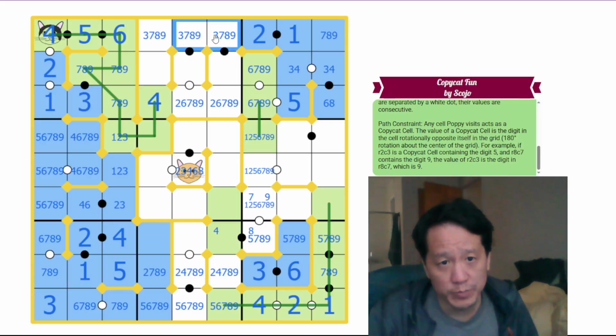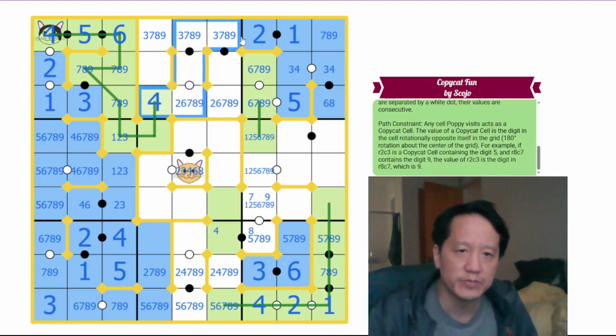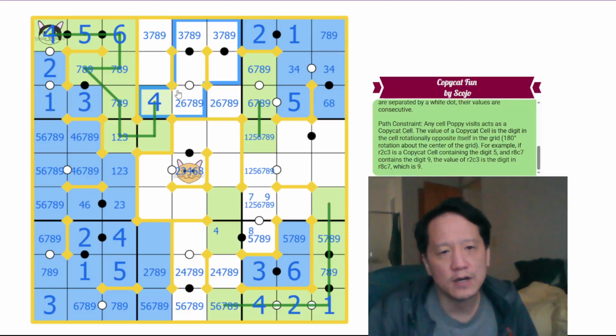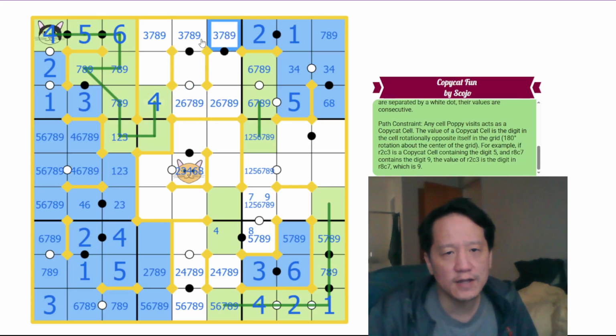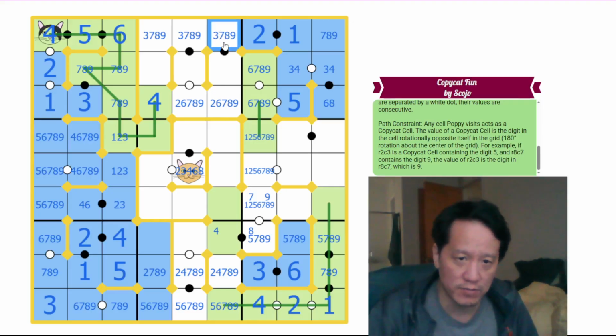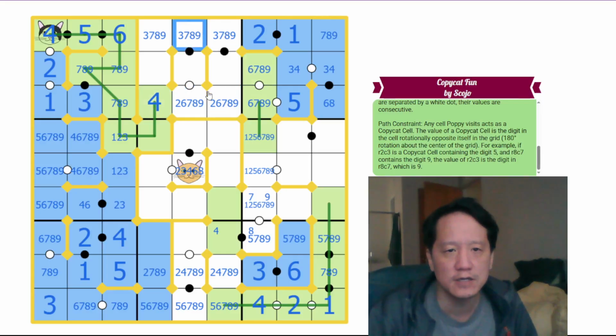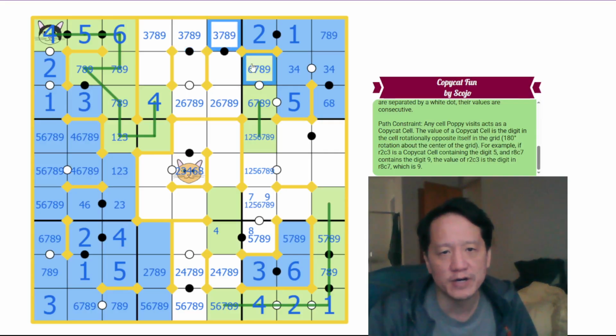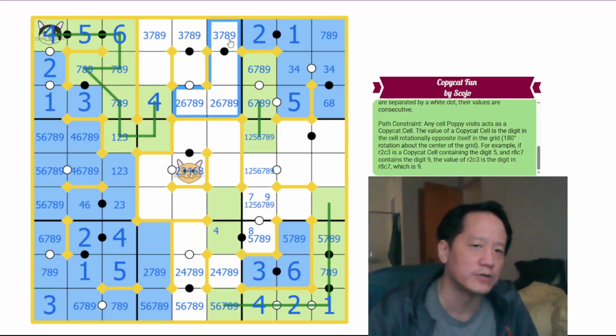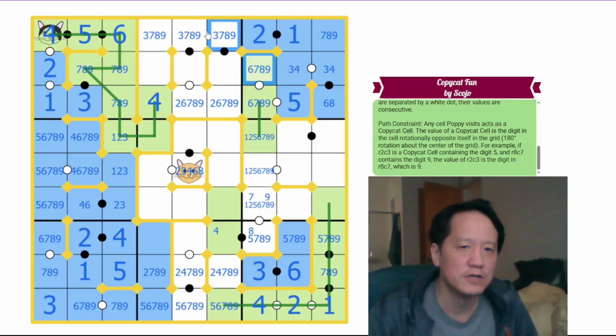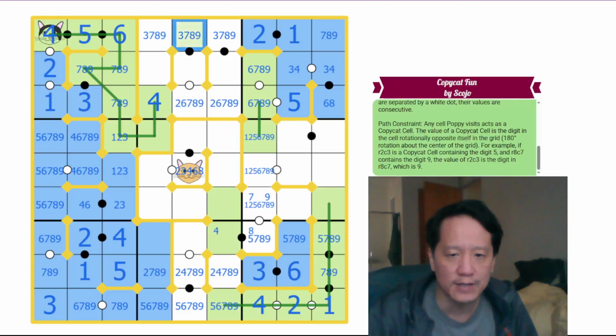They both could be copycats, potentially, going something like that. But we do know that of the values, if we did only have one copycat, it cannot just be this one, right? If we try to get copycat there without connecting to here as a copycat, it can't get to this spot. It has to get through here to there, and then it would be blocked. So this is always a copycat then.